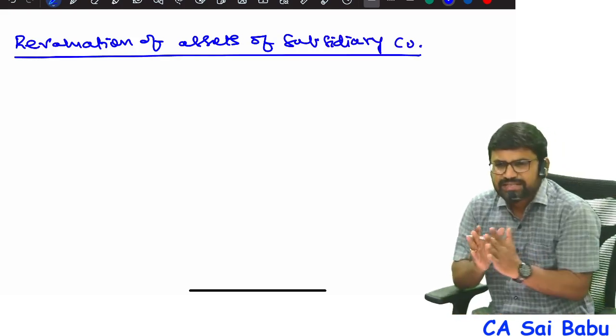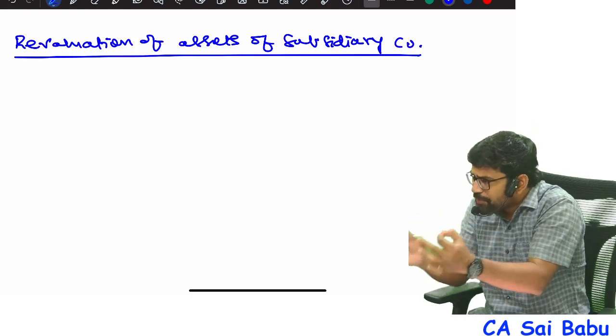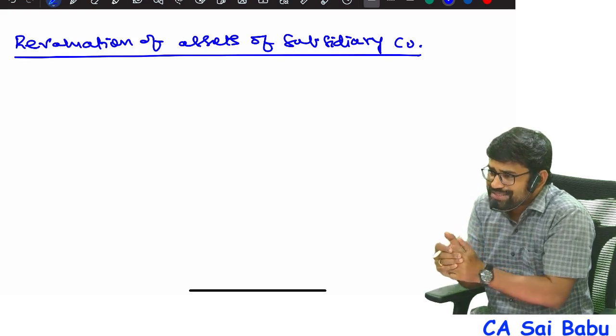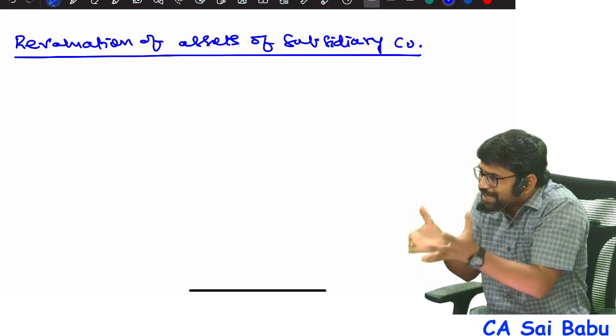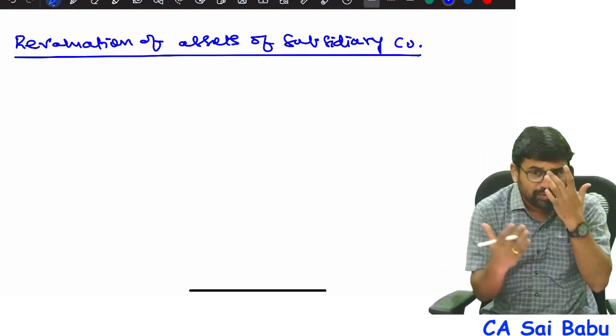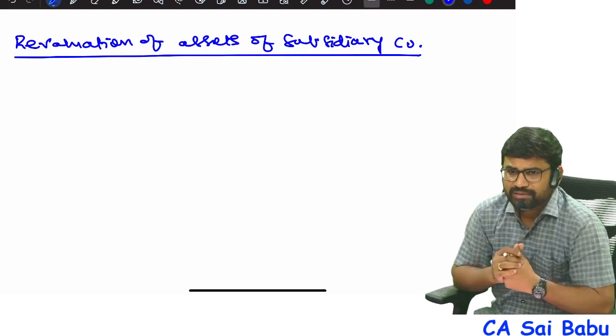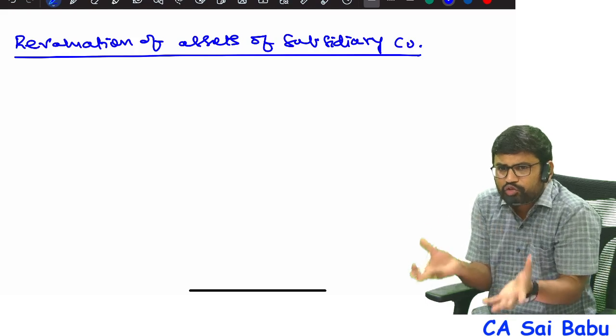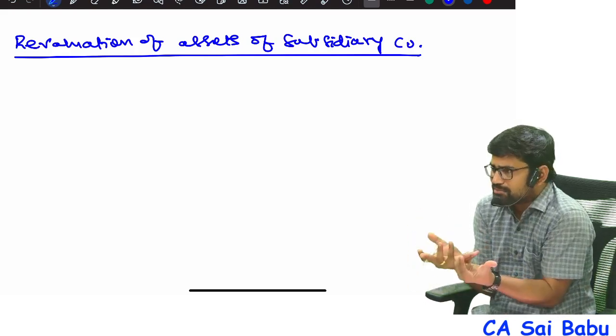Sir, generally, when parent company is acquiring subsidiary company, they may revalue some of the assets of subsidiary company. Why will they revalue? Because from the parent company's point of view, those assets are not properly valued.